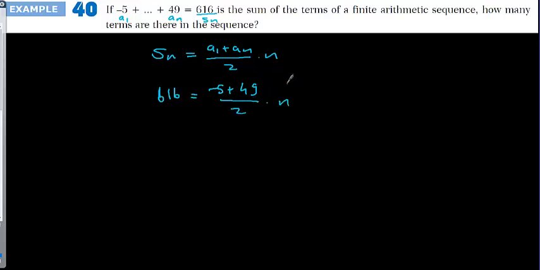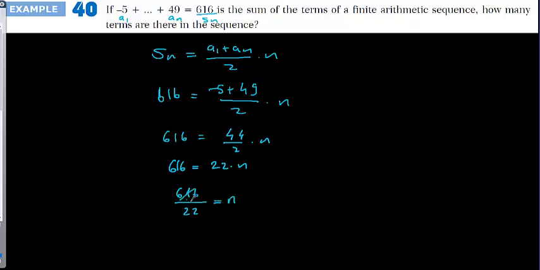We don't know the n value. 616 is equal to minus 5 plus 49, which is 44, 44 over 2 times n, so 616 is going to be equal to 22 times n, and 616 over 22 is equal to n.